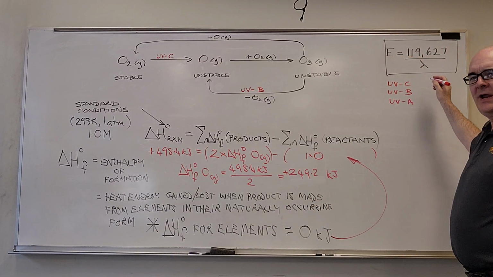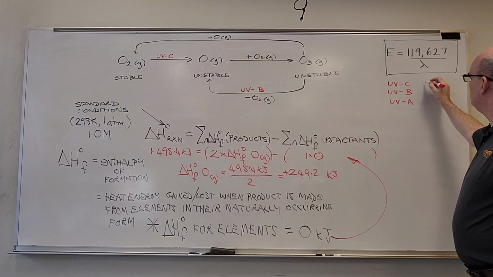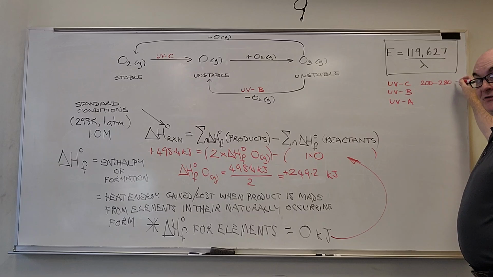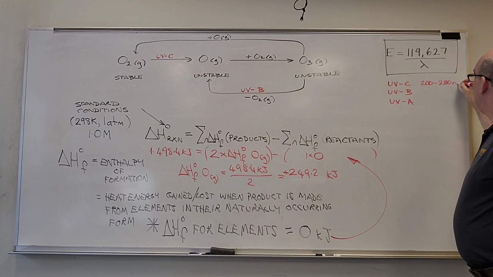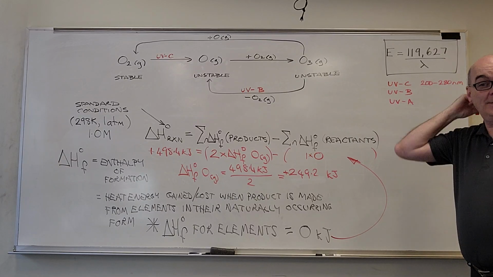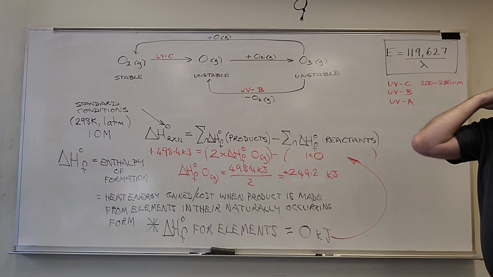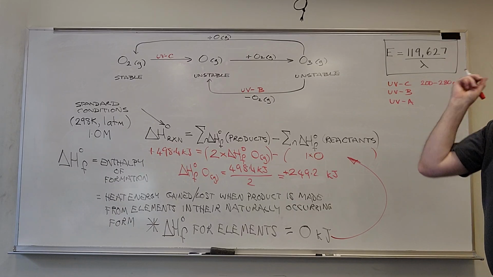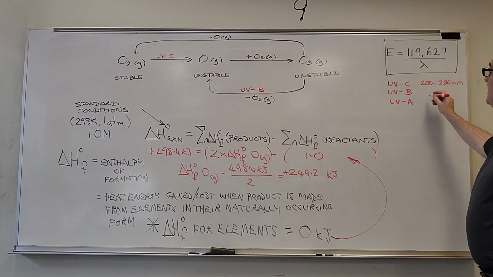What's the range for C? 200 up to 280. Yeah. In units? Nanometers. That's in nanometers, and we spent a little bit of time earlier reaffirming that we all know what a nanometer is. 10 to the negative 9, one billionth of a meter. And UVB?